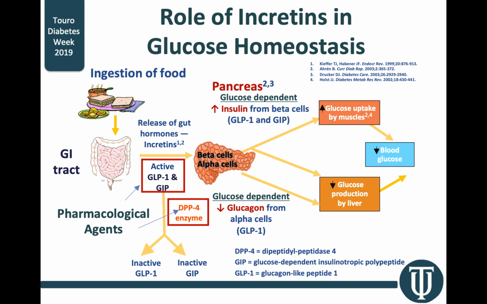So the class DPP-4 inhibitor will specifically target the DPP-4 enzyme to hopefully increase the concentration of GLP-1 and GIP to keep the normal physiological process. And the GLP-1 receptor agonist specifically helps increase the concentration of GLP-1 in the system, which will ultimately help to reduce glucose.